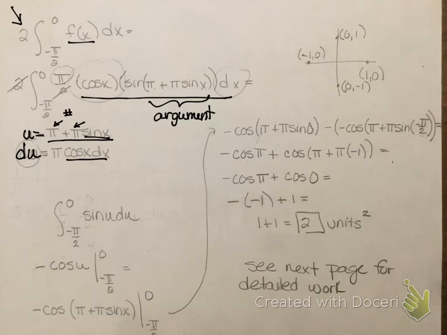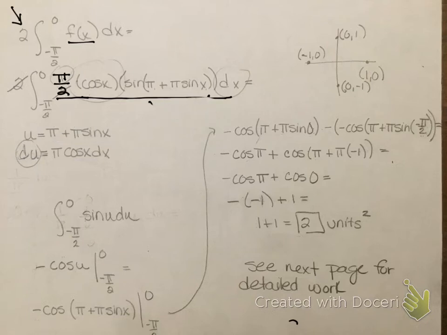Now, do you see... Oops, I forgot something. There's my pi over 2. Okay. Do you see... Let me erase here so you can just see my work.